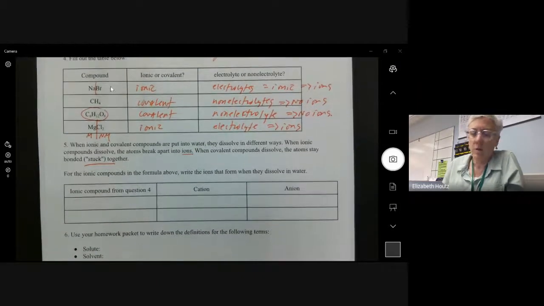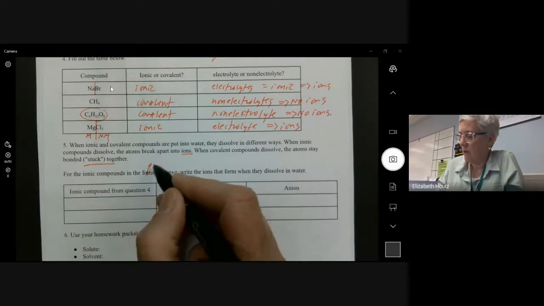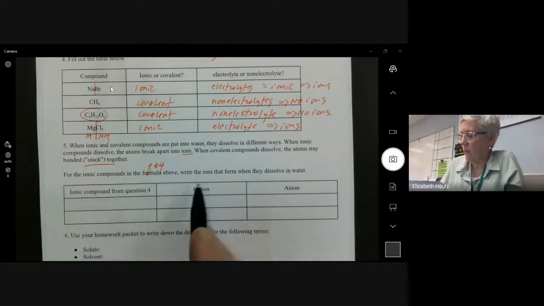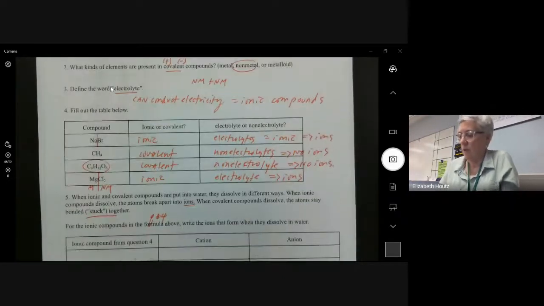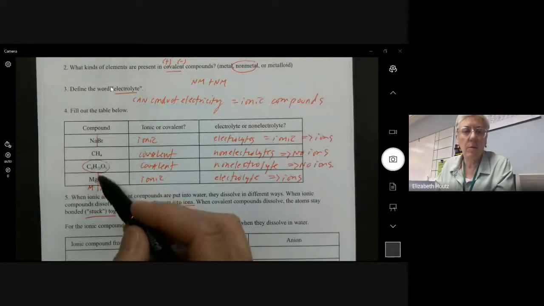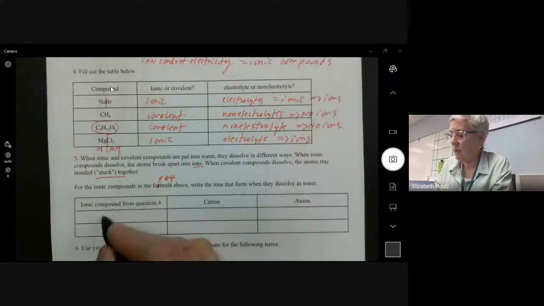All right, so this says for the ionic compounds in the formula above, so question number 4, write the ions that form when they dissolve in water. So there were only 2 up here that were ionic, sodium bromide, magnesium chloride.